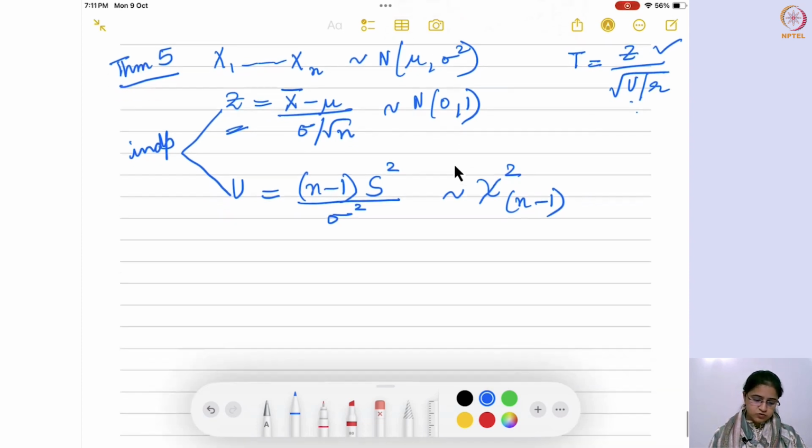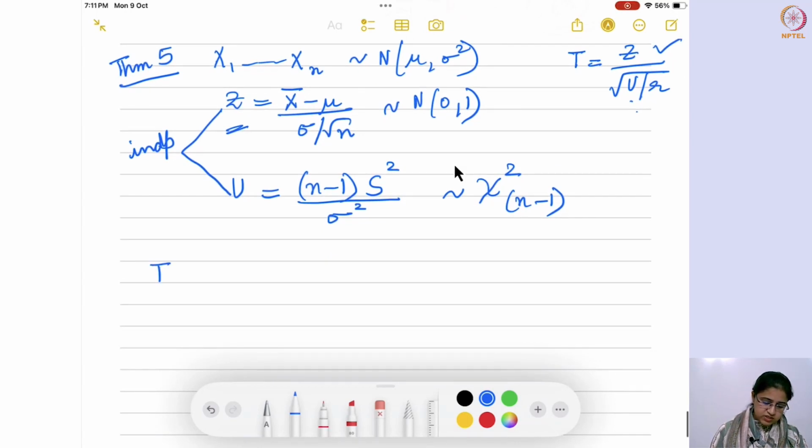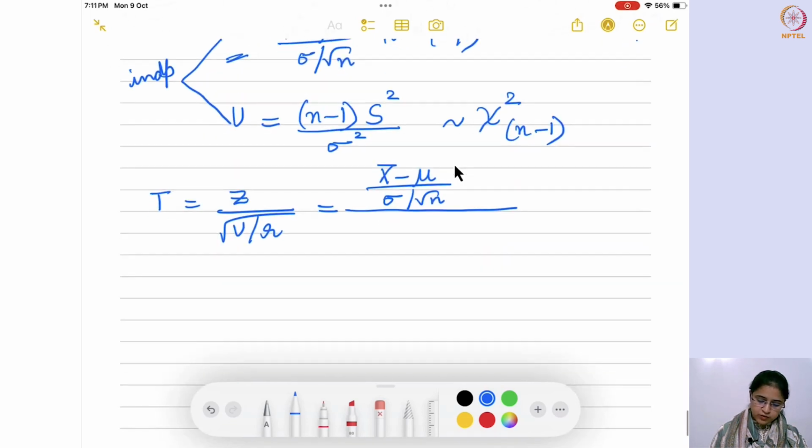Since we are given these two, now we can just simply substitute it, because T is what? T is Z by square root of U by r. What is Z? Z is X bar minus mu by sigma by root n, whole divided by square root of n-1 times S squared by sigma squared, whole divided by n-1.